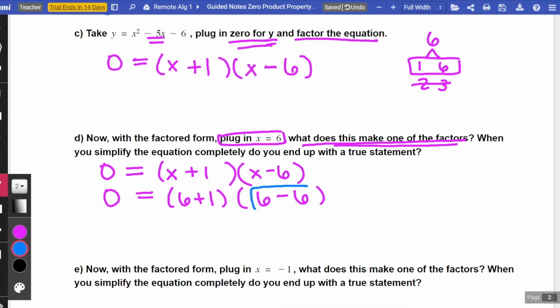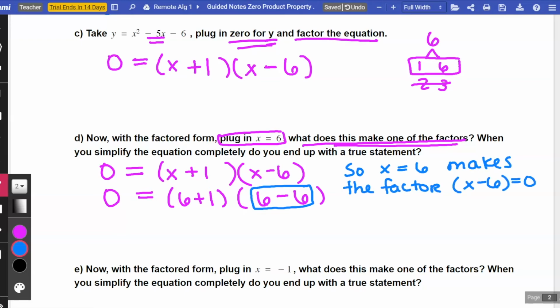Well, 6 minus 6 is 0. So x equals 6 makes the factor x minus 6 equals 0. So 0 is equal to 6 plus 1 is 7 times 6 minus 6 is 0.